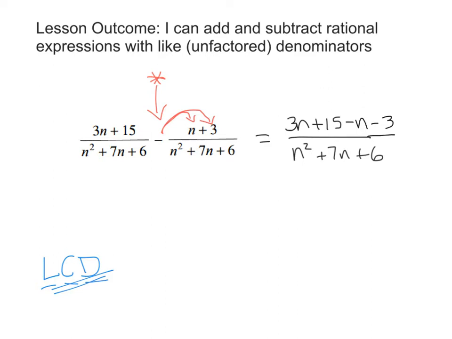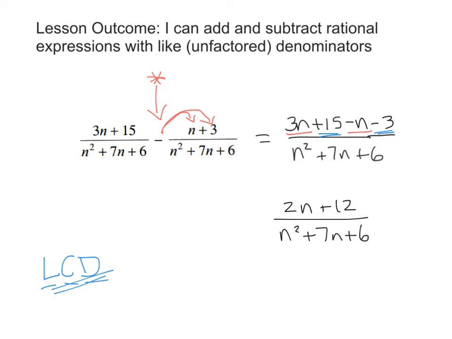Alright, so now, just like in the previous video, we're going to combine our like terms. We have 3n and a negative n, or negative 1n. That'll give us 2n. And we have positive 15 and a negative 3, and that will give us plus 12. In the denominator, we still have n squared plus 7n plus 6.